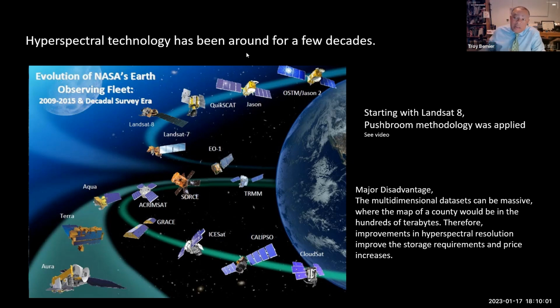Starting with Landsat 8, which was one of the newer platforms, a big change took place in the methodology of acquisition. In the past, it was something called whisk broom technology, where today we now use push broom sensor technology. And just to give you an example of this, a whisk broom technology.